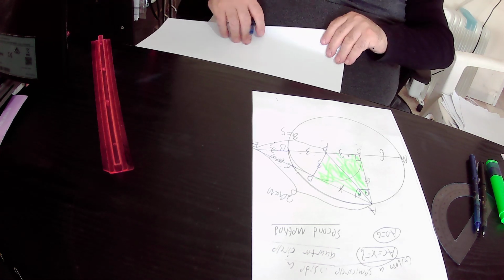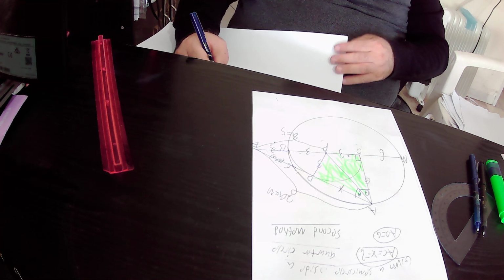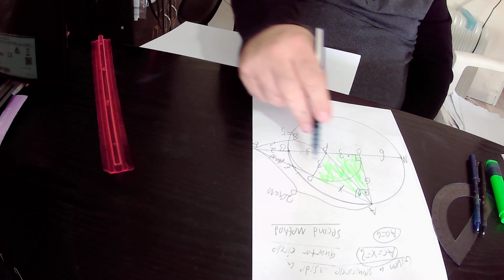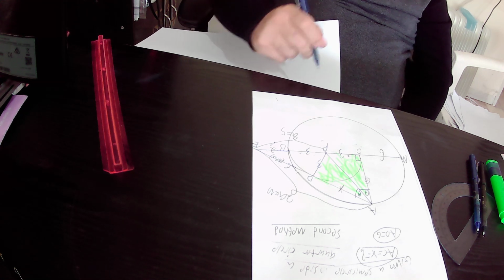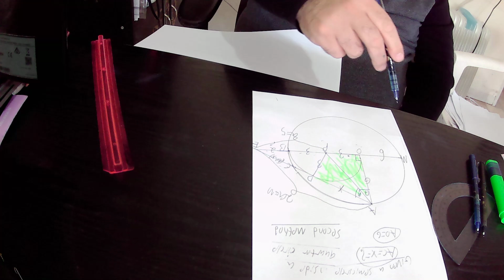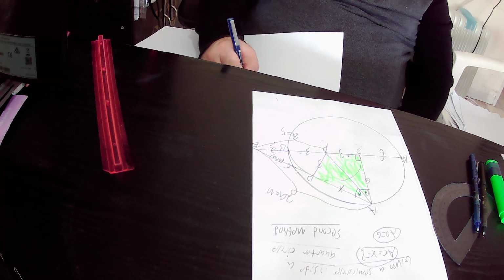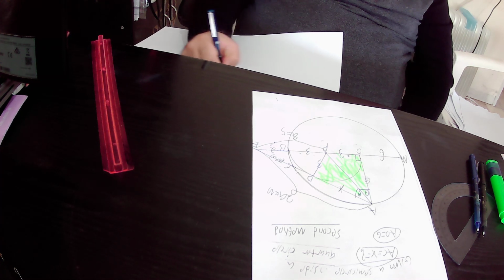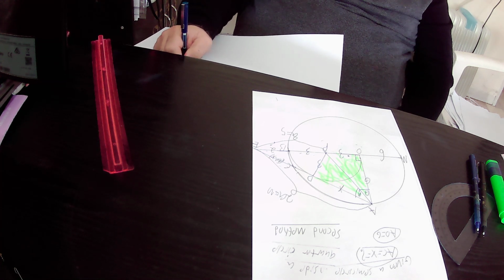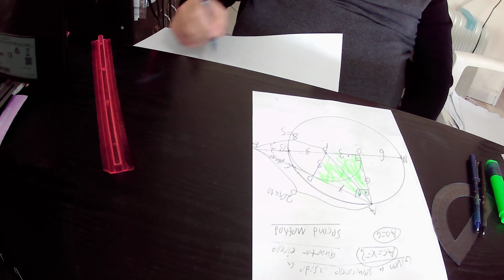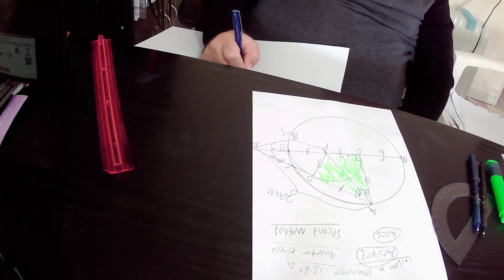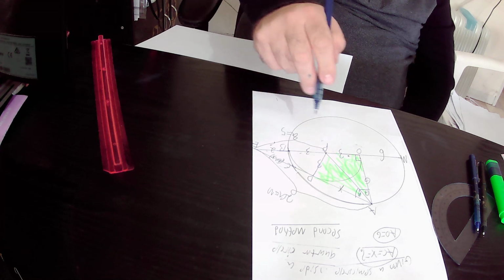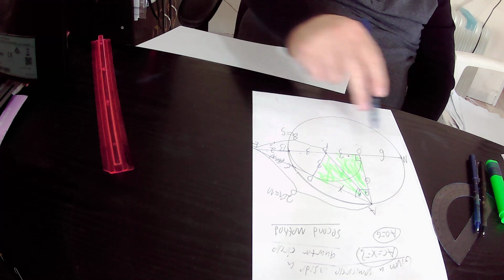Because in our drawing we have chord AC that intersects with chord MB at point E. Point E is the intersection point of chord AC with chord MB.